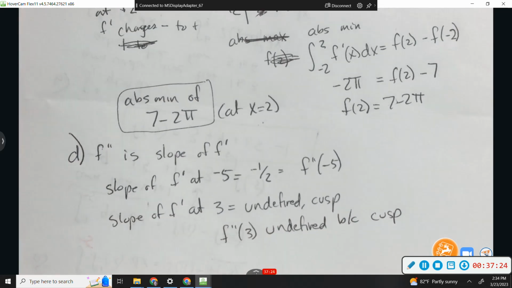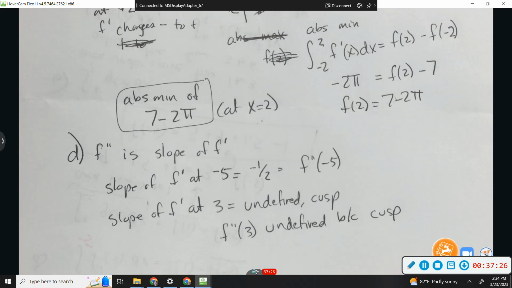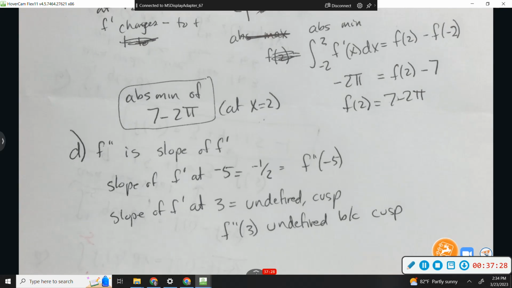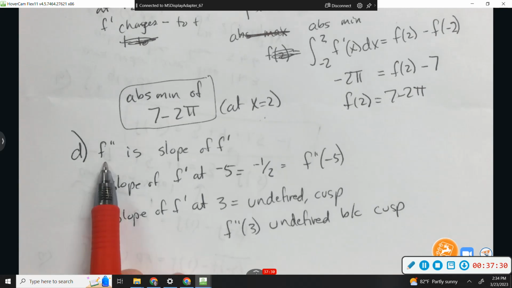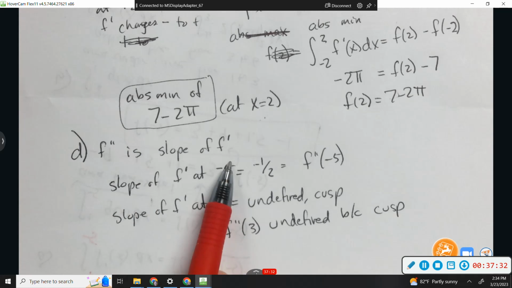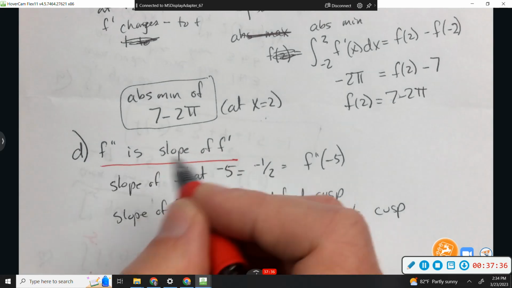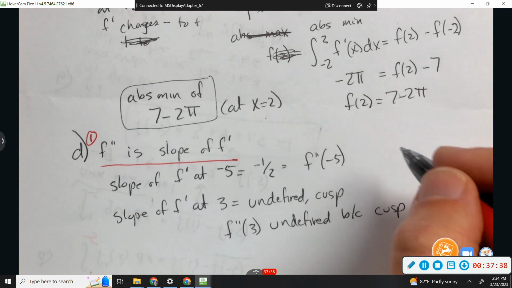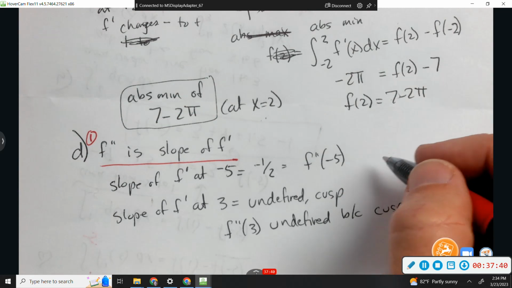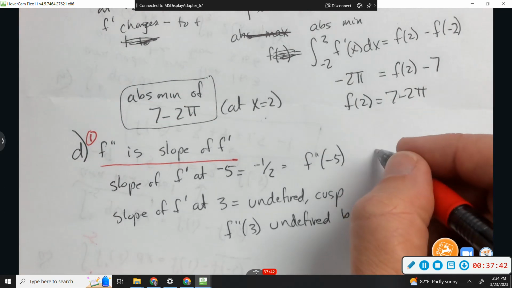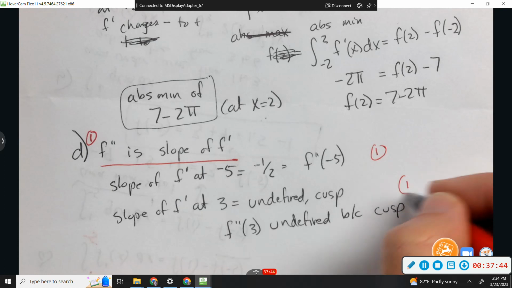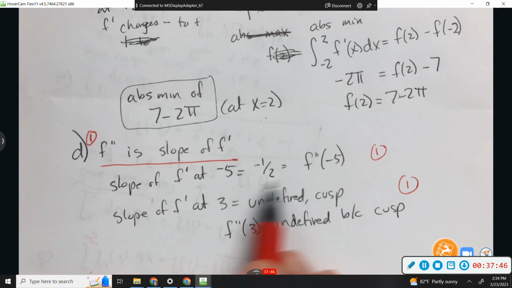And then lastly, part D, find the second derivative of f, but that would be the slope of f prime. And so that's the key connection there. That's probably worth 1 point. And then, I don't know, maybe this one was worth 3 points. So the slope at negative 5 is negative 1/2, just slope formula.